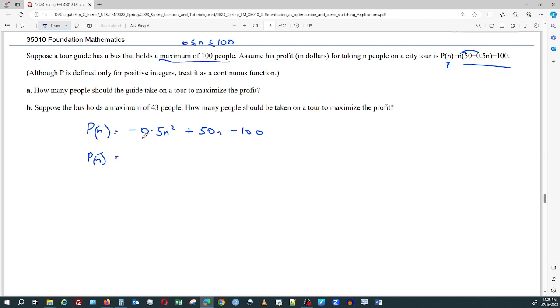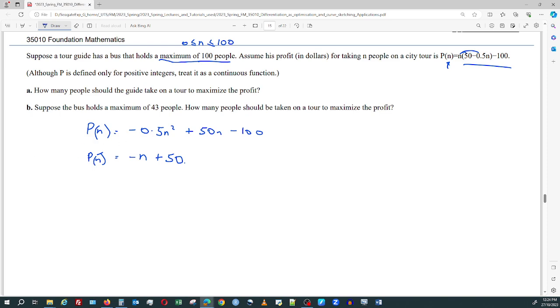The 2 comes out the front, two halves of 1, so it's minus n, and we're left with 50. So that's our derivative.